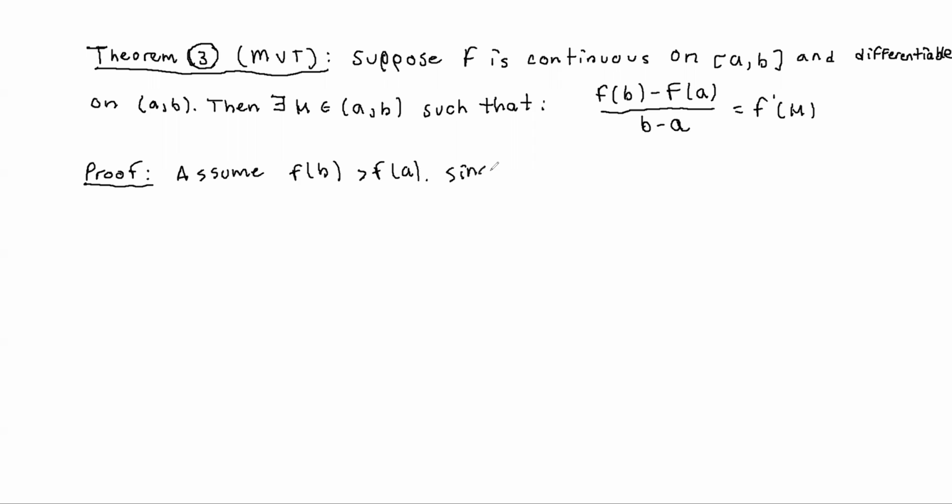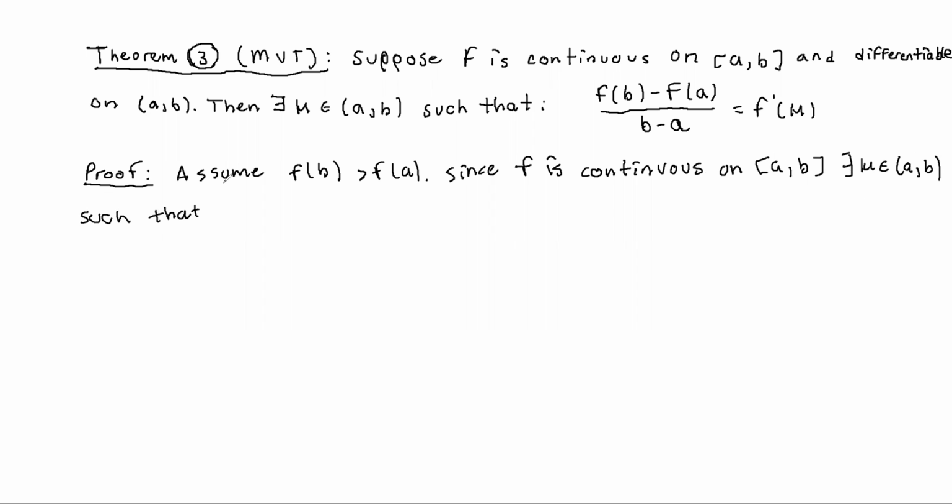So since f is continuous on a to b, there exists a mu in a to b such that f of a is less than f of mu, which is less than f of b.